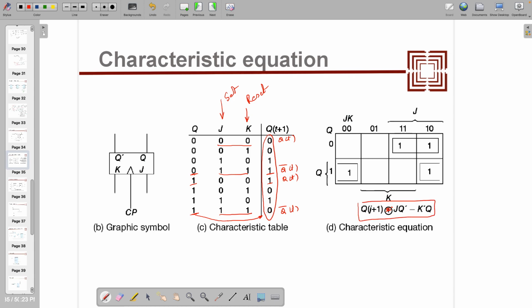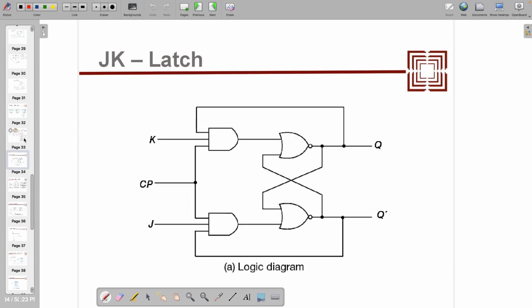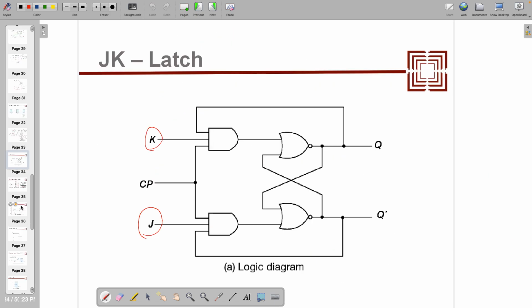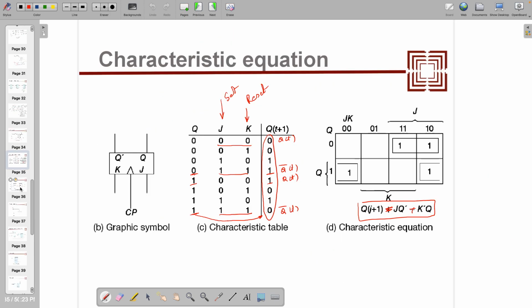In the book, the NOR gate is used. So for the first condition, that's why they change this location of K and J. My location of J and K was different. So truth table generally remains same.